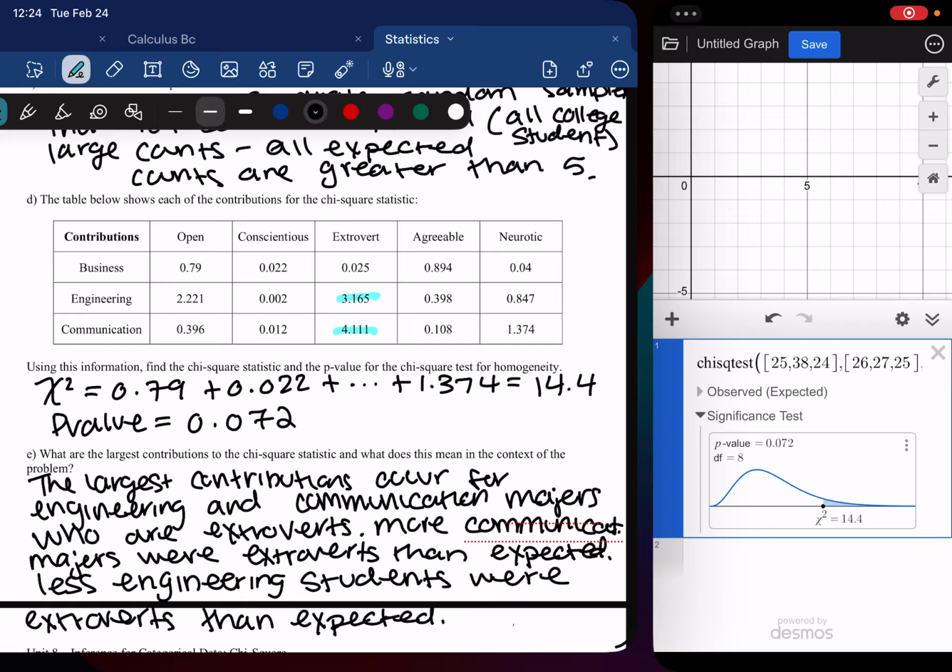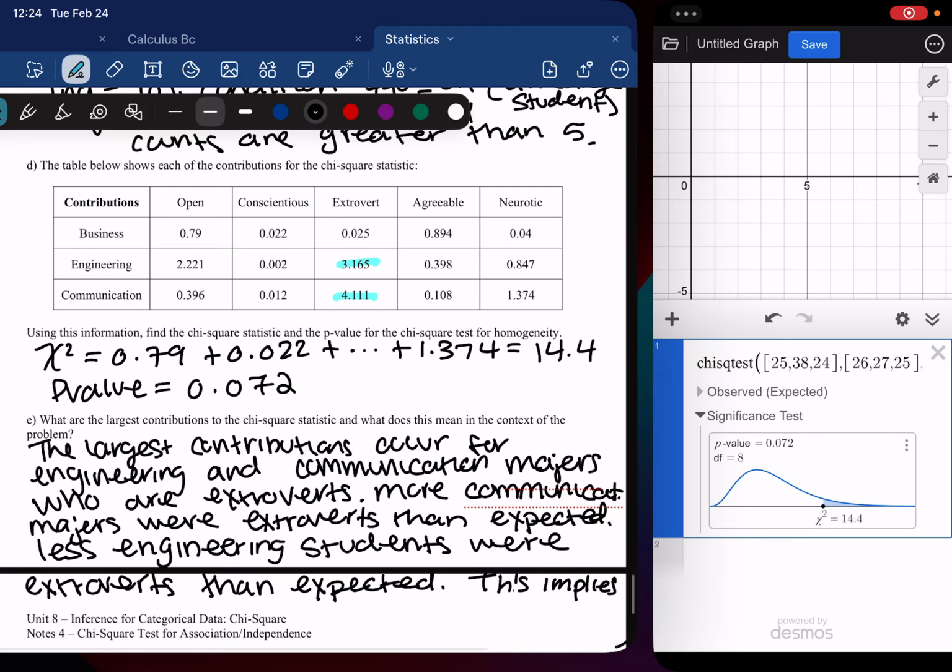Then we say this implies that a student who is an extrovert does not have an impact on their college major.